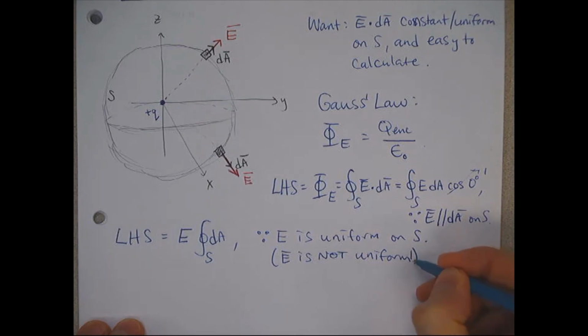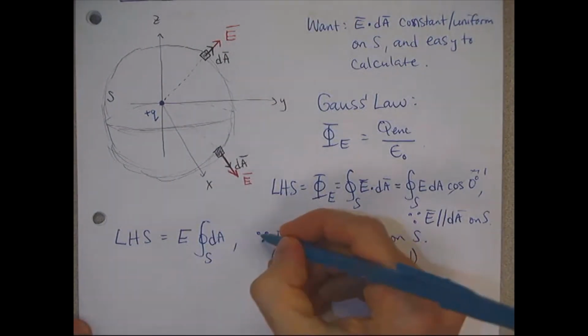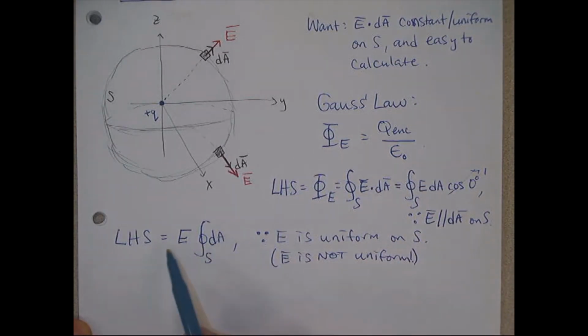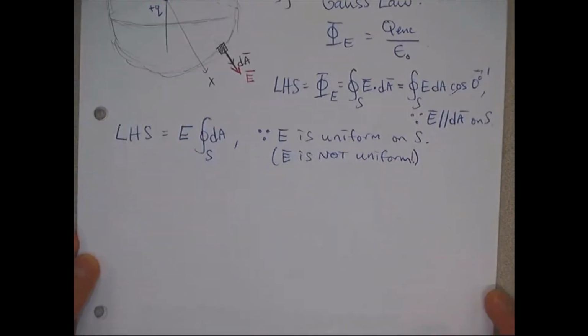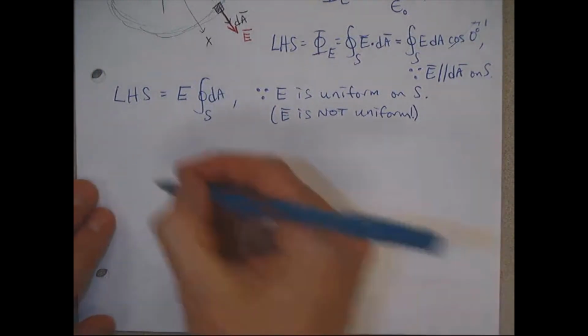It's changing its direction everywhere on the surface, but its magnitude is uniform. Therefore, we can take it outside of the surface integral. It does not depend on location across the surface.